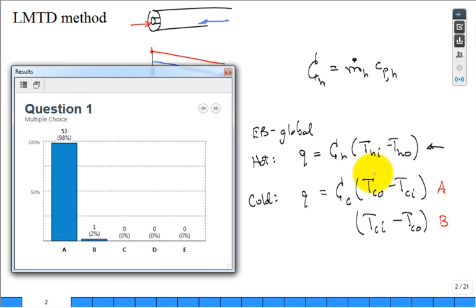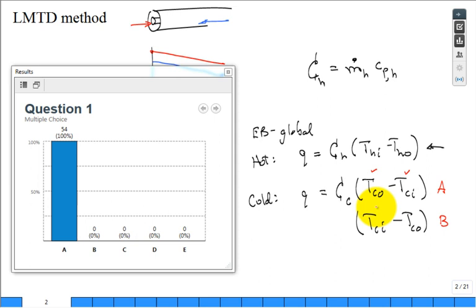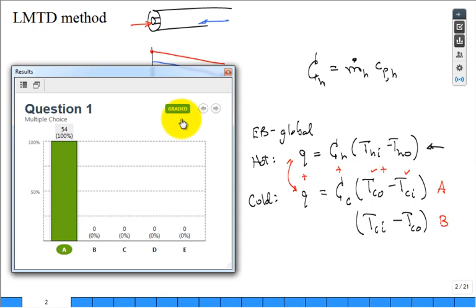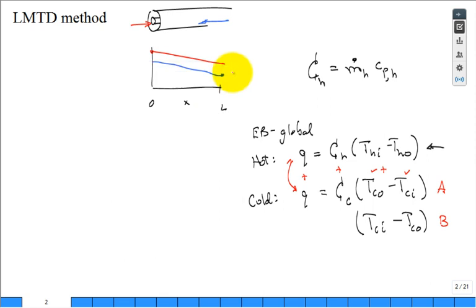So the cold fluid out is greater than the cold fluid in. And we like to talk about a positive number times a positive number equaling a positive Q. This Q and that Q are the same. Oh, look at that. I'm going to stop it now. It's 100% correct. I am doing better as an educator. Just be careful. Every now and then I can write that incorrectly.